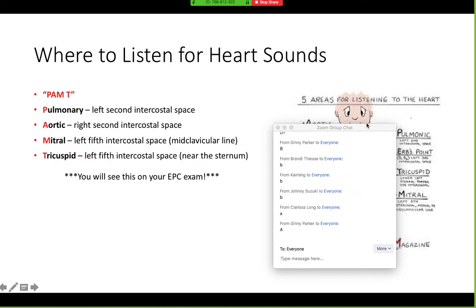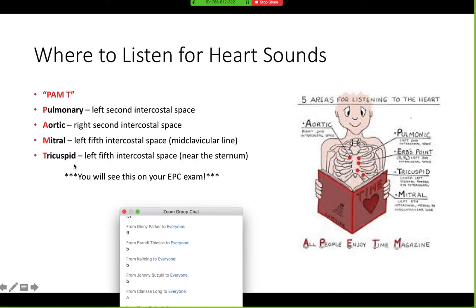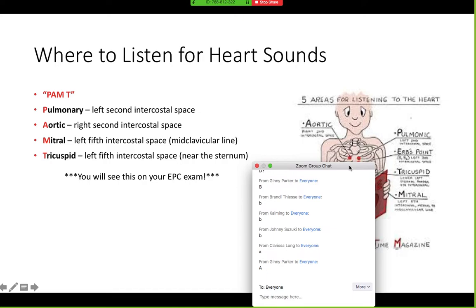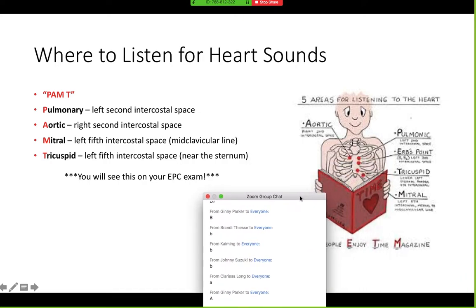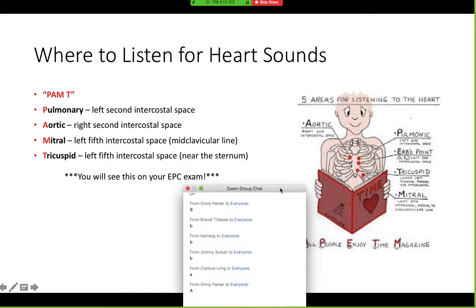Okay. This will 100% be on your EPC exam. And it's just one of those things that you might as well learn it now because you're going to do it over and over and over for every SPE and everything EPC related.